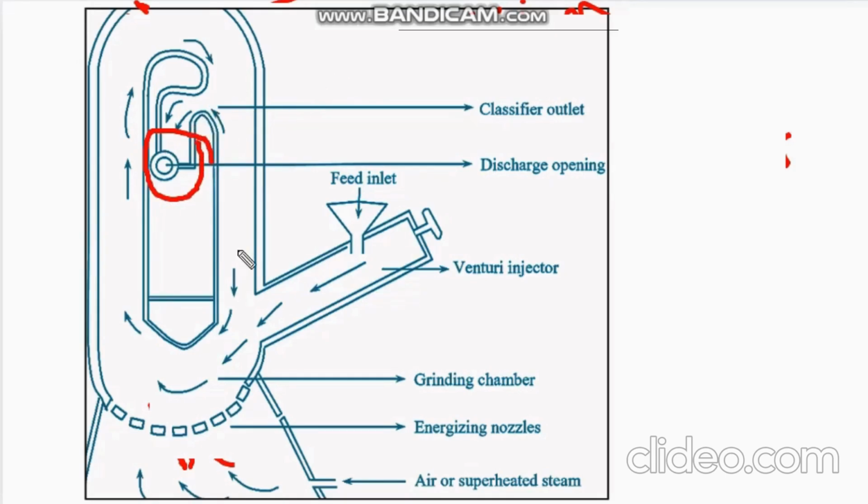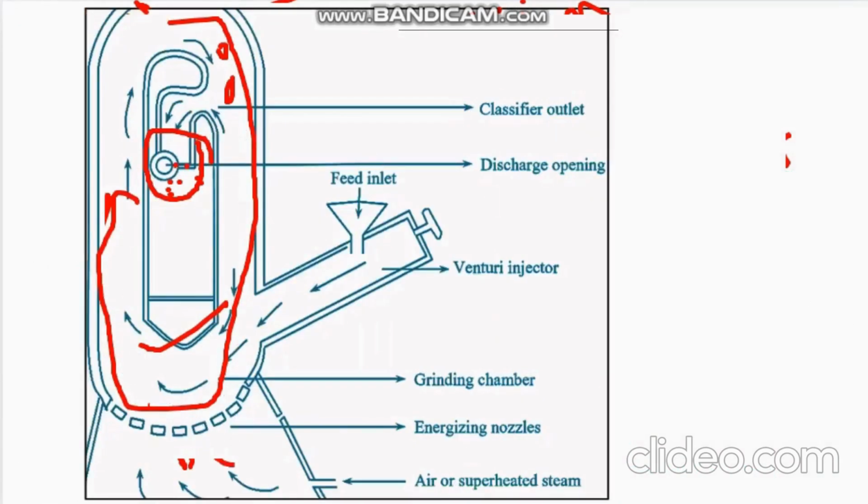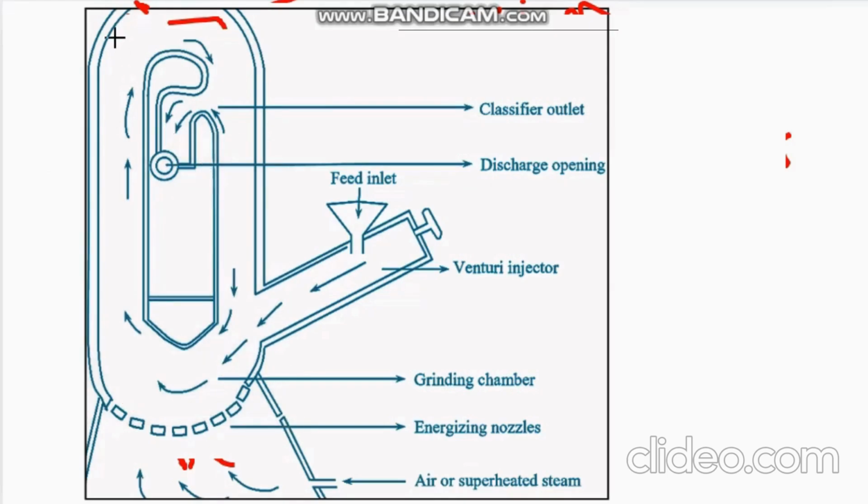Very fine particles get collected in the cyclone separator, and some coarser particles, meaning particles quite larger, are again recirculated in the grinding chamber. That is the recirculation process. So finally, due to repeated collision, repeated impact and repeated attrition, the powder particles will break down and the size reduction process takes place.